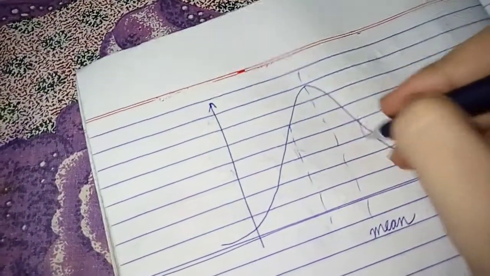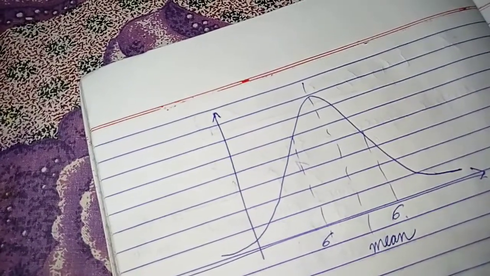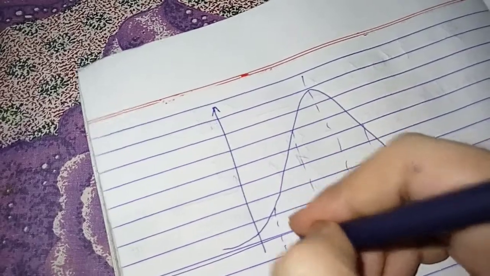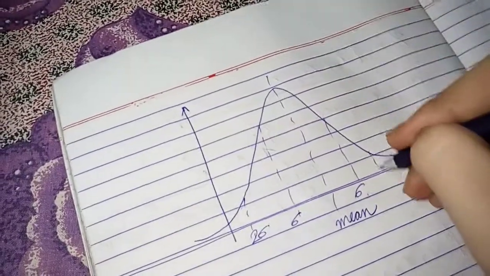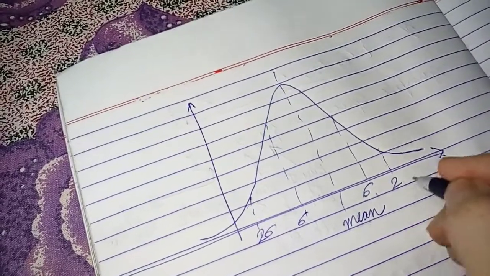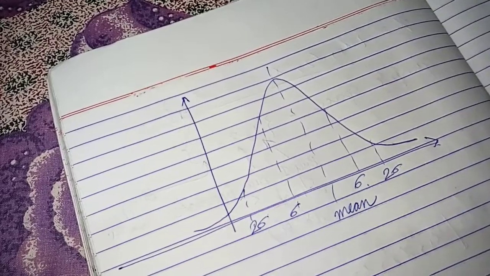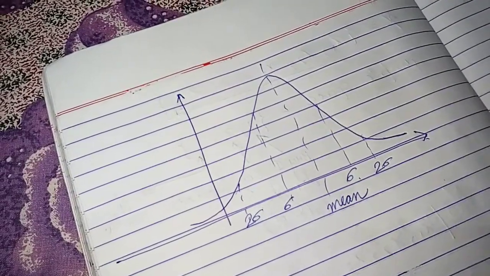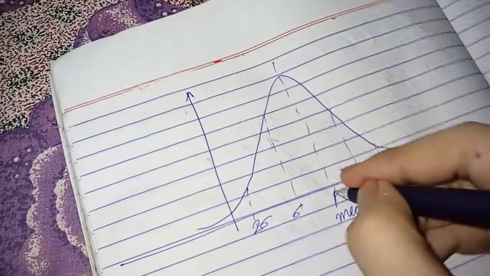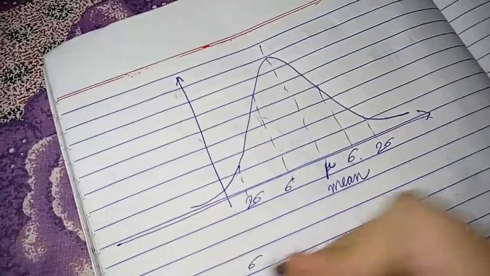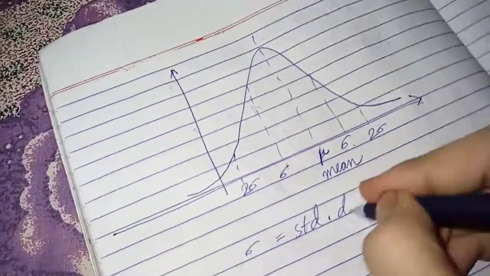This is your 1 sigma, that is the first quartile, and this is your 2 sigma, that is your second quartile, and this is your 2 sigma, that is the second quartile on the right hand side, and here you are having the mean. This sigma is also called the standard deviation. In short we write it STD dev.